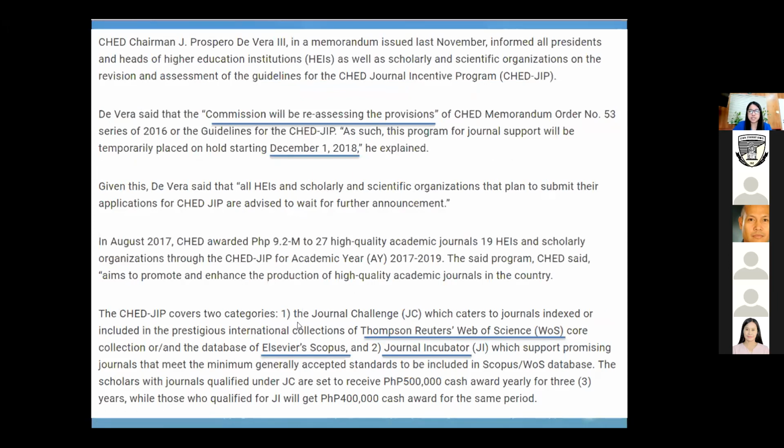And then Elsevier's Scopus, or generally Scopus or Web of Science journals. These are the ones being considered by CHED. And as, of course, we are working in an institution under the Commission on Higher Education, if you want your work to be recognized, then we also need to consider these as reputable journals.